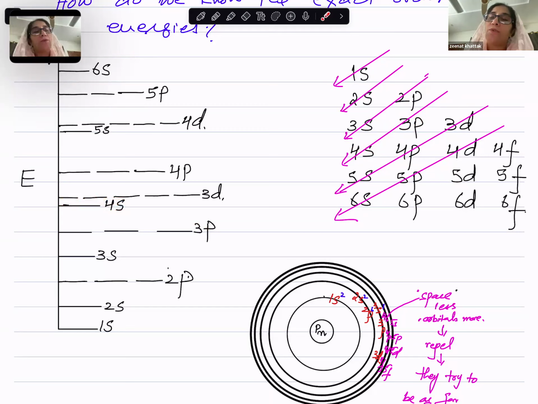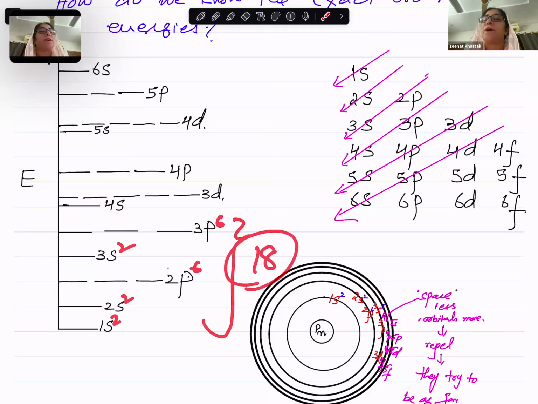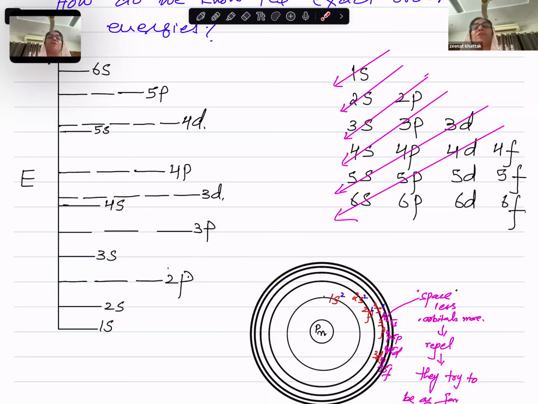Look, 2, 2, 6, 2, 6, 18 electrons. After 18, the electron will go into 4s because the energy of the 4s is lower. But once the 4s is filled, the electron will definitely go into 3d.